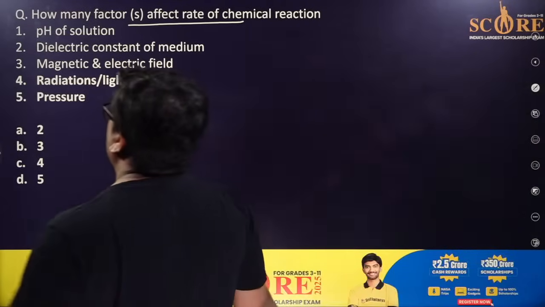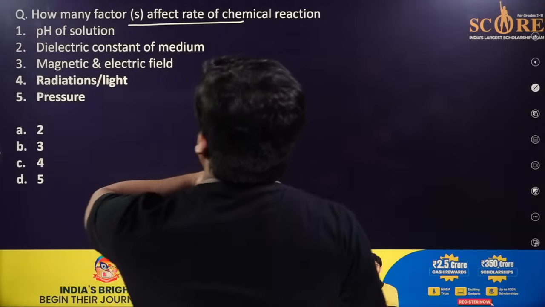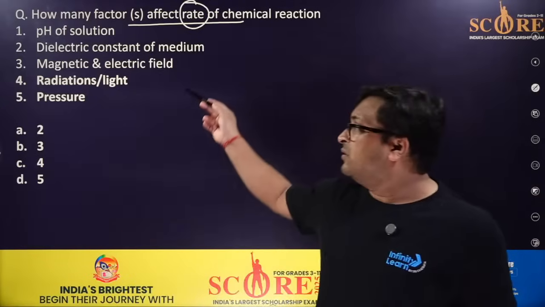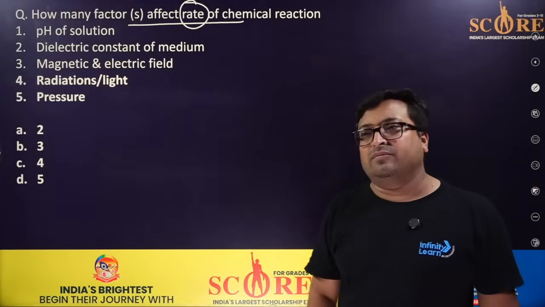Great, consistent. So how many factors affect the rate of a chemical reaction? How many of them? 2, 3, 4 or all?